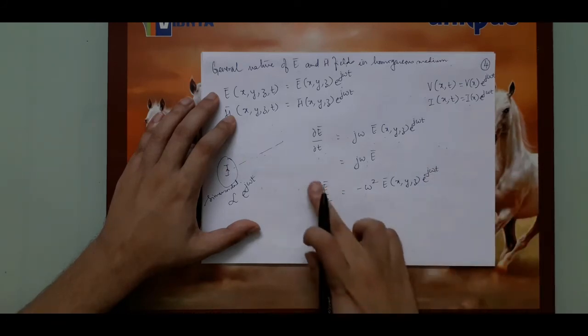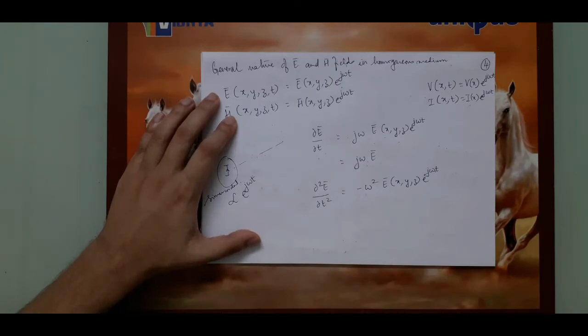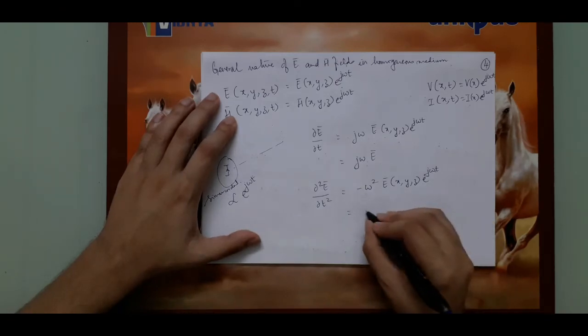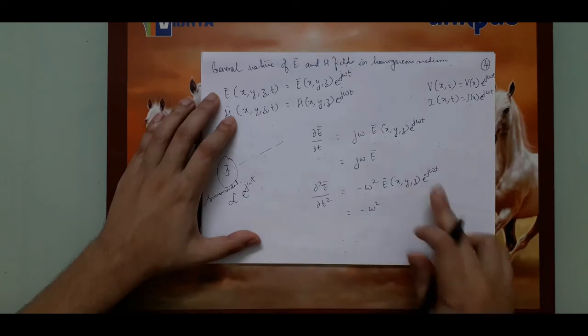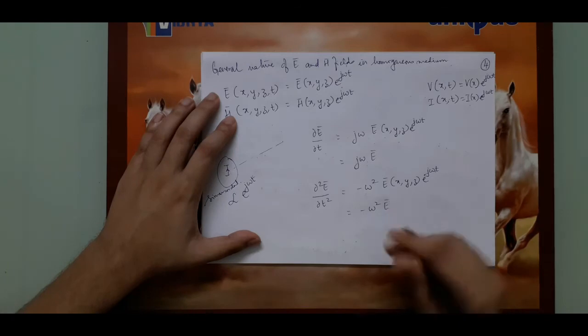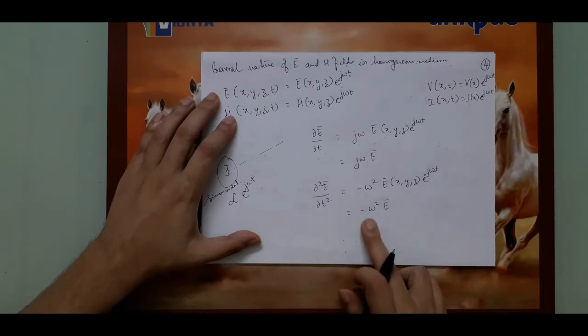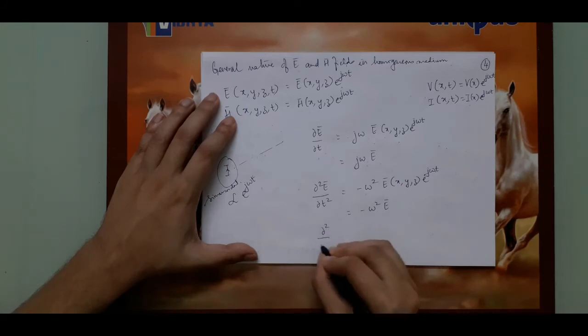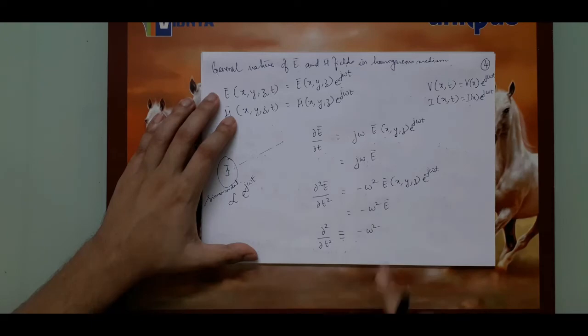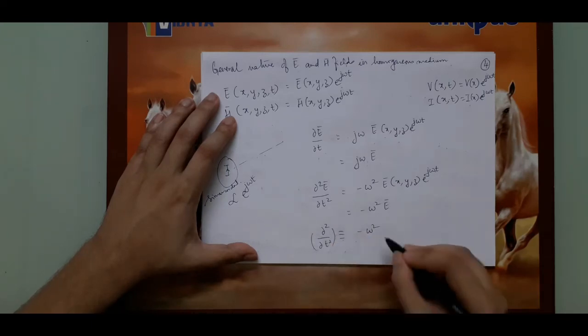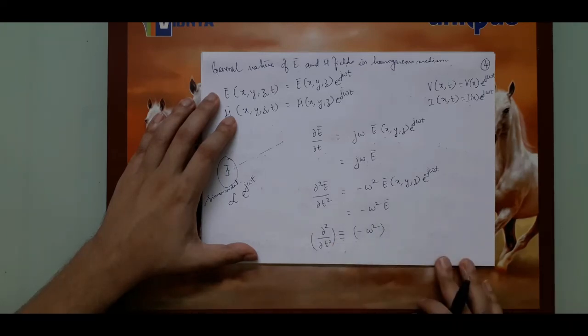So we can say that taking a second order time derivative is equivalent to multiplying the whole electric field vector as a function of x, y and z with minus omega square. So I can say that the second order time derivative is very similar to multiplying with a minus omega square.